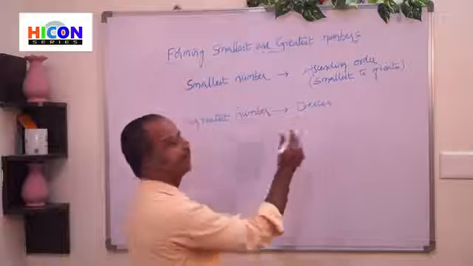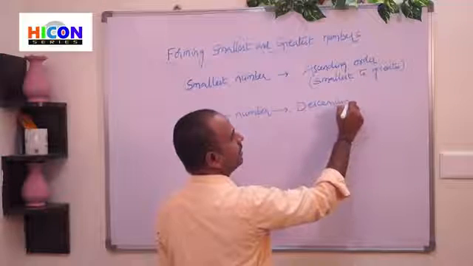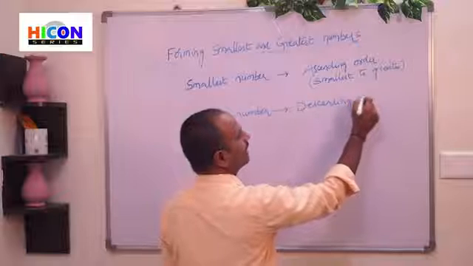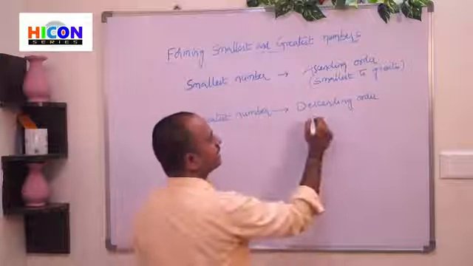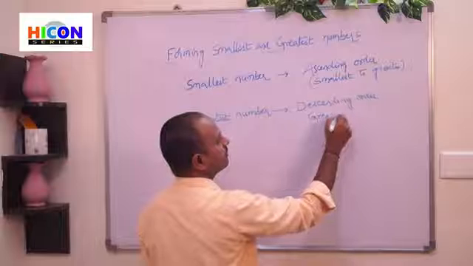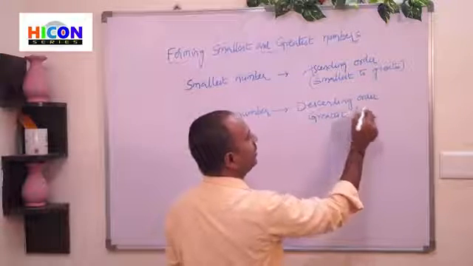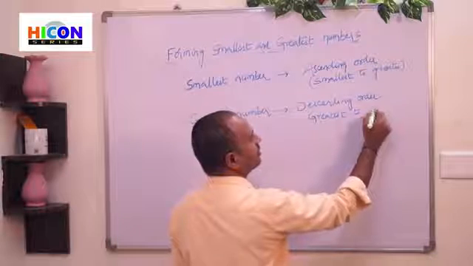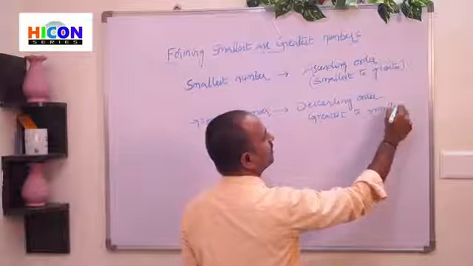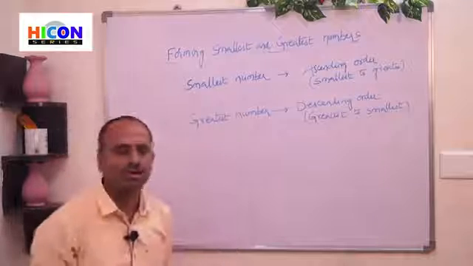So if we arrange the given digits in descending order, then we will get the greatest number. Here descending order means from greatest to smallest. So children, remember these 2 points, then we can easily form the greatest number and smallest number with the given digits. These are the points you have to note down.